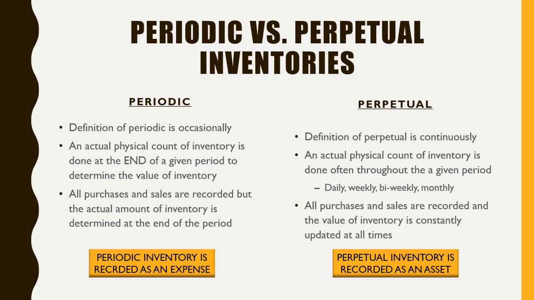When we purchase our inventory, everything is going to go straight into inventory. That's the huge difference. Instead of recognizing it as an expense, which is periodic, for perpetual we identify the items as inventory. And every single cost that's included in that inventory item is also going to go straight to inventory.